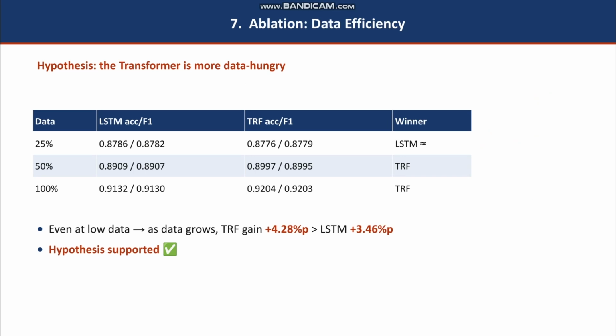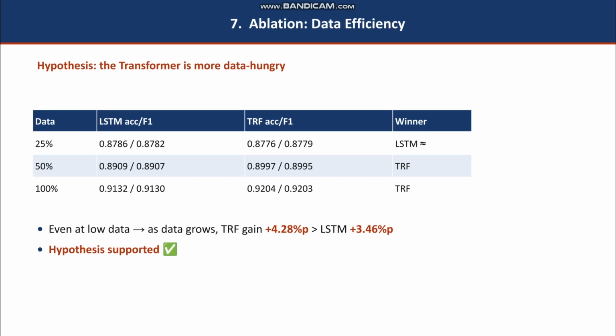The hypothesis was that the transformer is more data hungry. I varied training data to 25%, 50%, and 100%.